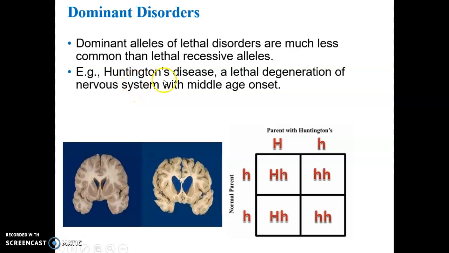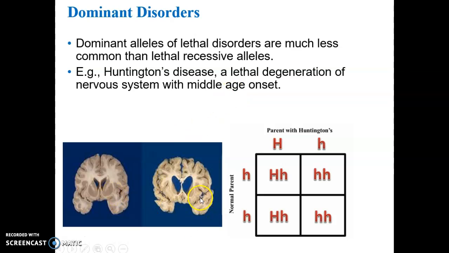For example, Huntington's disease is a lethal disease that causes degeneration of the central nervous system by middle age. That's where it begins, and the individuals will die a bit after that. They will not reach old age. But by middle age, most individuals will have had offspring.